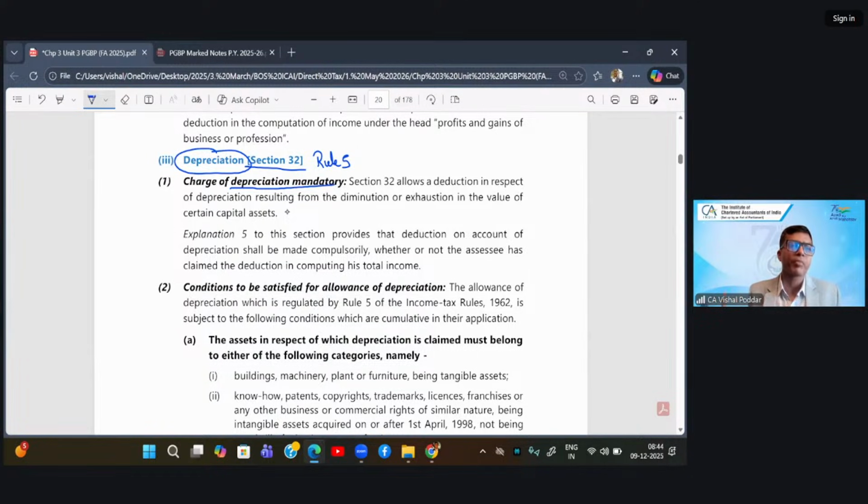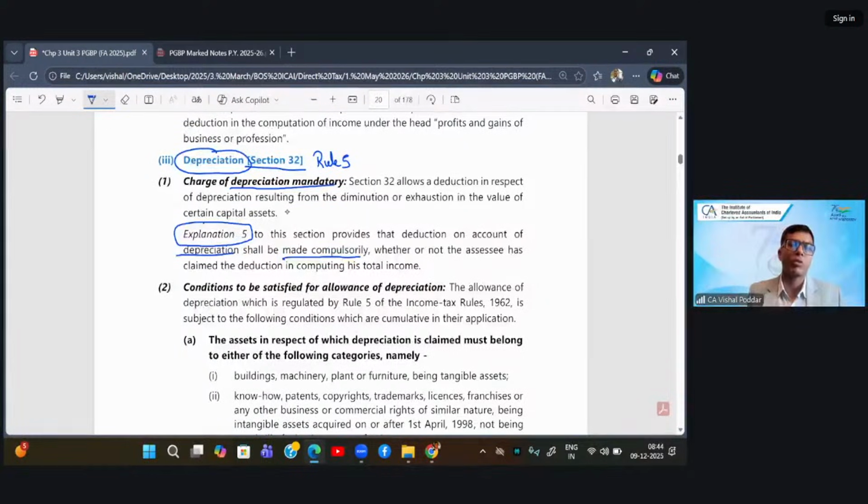Now it is very possible that in a year you are not debiting depreciation. Now, why you will do that? Answer is simple. I'm not having sufficient profits in that year. So I want to use this depreciation in future years when I get huge amount of profit. So such type of planning is not possible because of this explanation which was added later on, not at the time when the section was created, but it was added later on, that now the law has made it compulsory for you to claim depreciation.